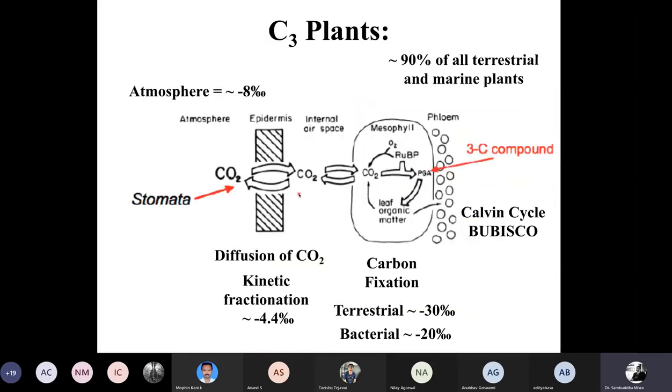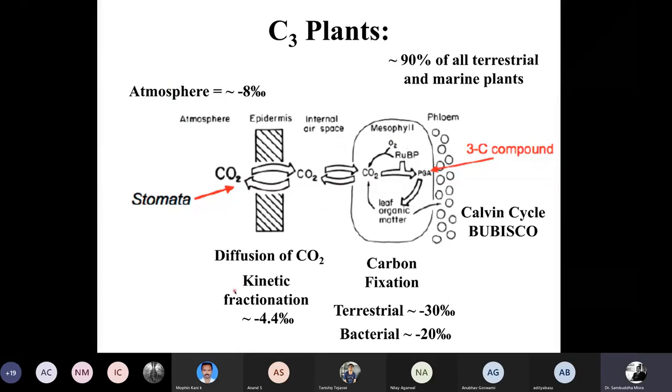So how does carbon isotope fractionation happen in plants? Let's take an example of C3 plants, which dominate the terrestrial and the marine systems. We are starting with a process which leads to the diffusion of CO2 through stomata into the internal airspace of the plant.